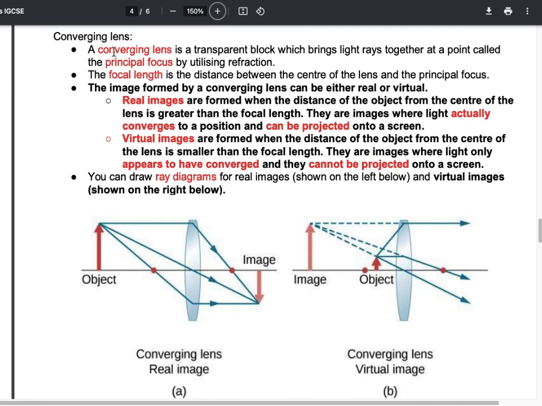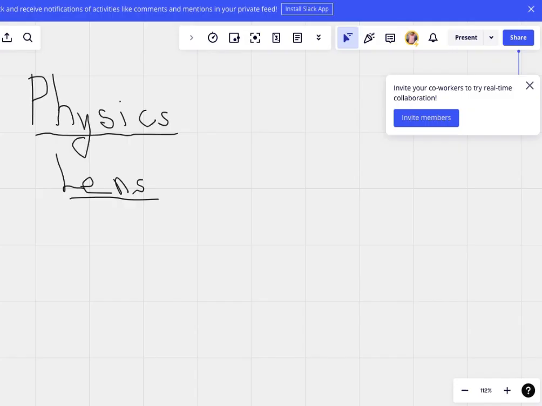So let's take a look at them. The first one is called the converging lens. A converging lens is a transparent piece of glass. Let me show it on the board. Let me erase, this is not good enough.